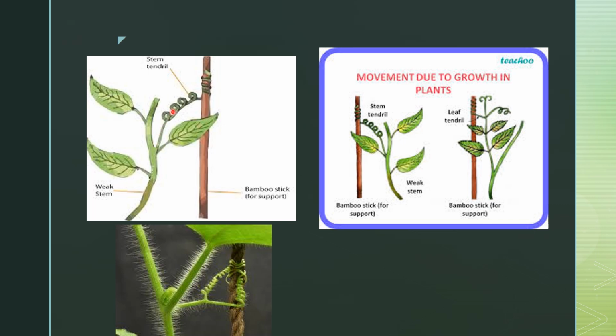This one is unbranched, but in the picture below, it's a branched tendril. Okay, and it's leafless, so the tendrils have no leaves. It has no leaves, but it can be branched like this or unbranched.